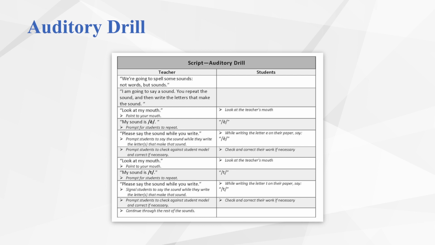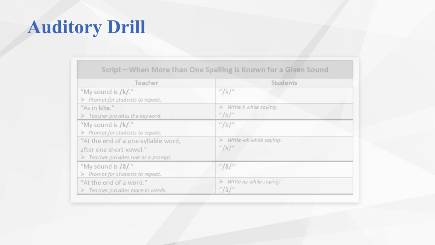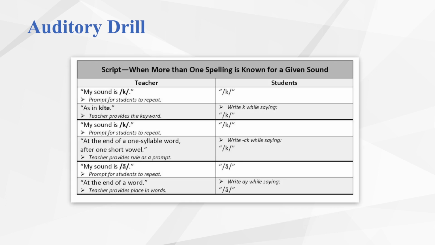Then, ask them to check their work. It's important that students see the answer correctly displayed for efficient checking and error correction. As students progress in phonics skills, eventually they'll get to the point where they know multiple ways to spell a sound. Since an auditory drill is about spelling sounds, often more information is needed.